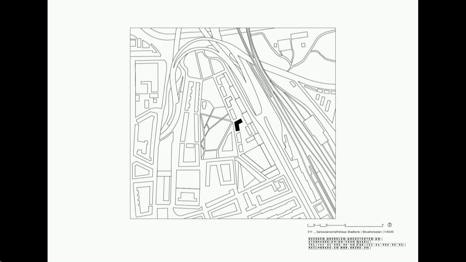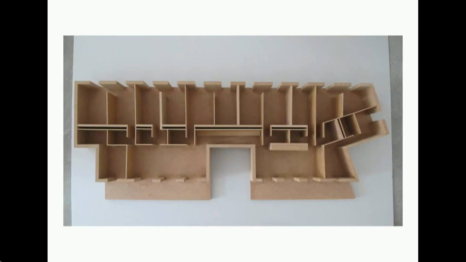And so they handed in a proposal, and it went into a dialogue process with a competition, where we could succeed with our proposal. It's a concept with a very high variety of apartments.